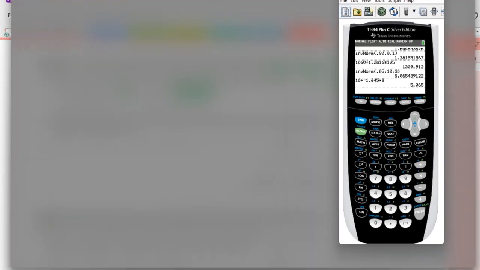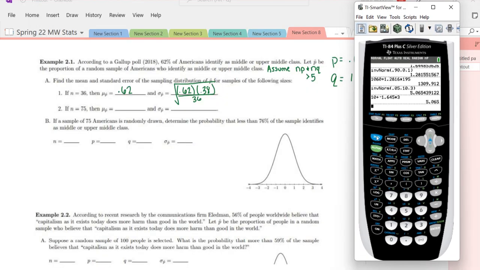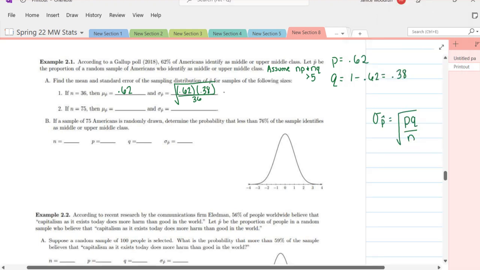So I'm going to go square root, and parentheses for the numerator, 0.62 times 0.38. Close that numerator, then divide by 36. So that should give you 0.0809 for that standard deviation.